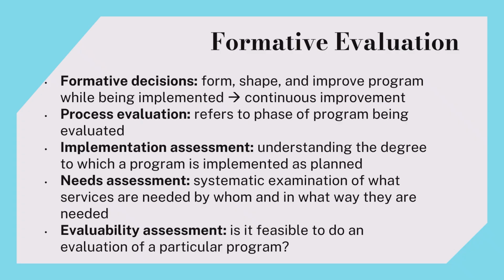So this is really looking at the phase of the program being evaluated. All right, so we're looking at individual processes and we're going to evaluate that specific phase of the program. We then have implementation assessments, and what this does is we're trying to understand if the program is being implemented as planned, and if not, why is it not being implemented as planned, and bringing it back to the original plan that was designed.